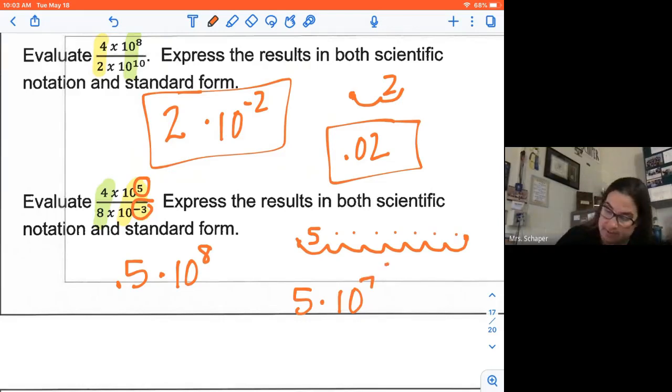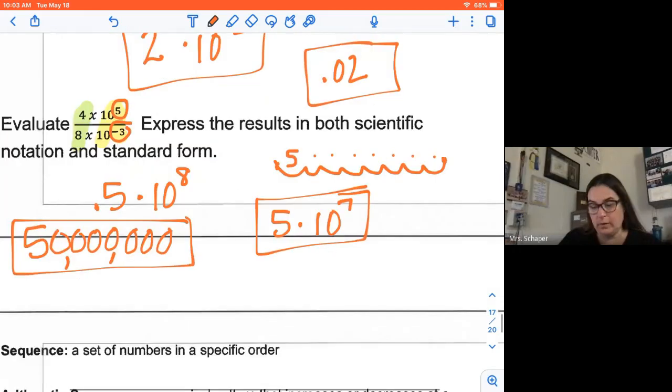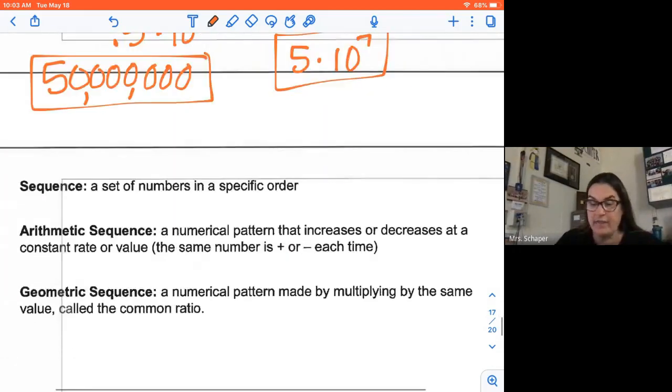Okay, there's my scientific form. And then to write it in standard form, 5, and then I have to have 7 zeros. 1, 2, 3, 4, 5, 6, 7. Here we go. So it's going to be 50 million. Okay. All right. And that's where we're at.